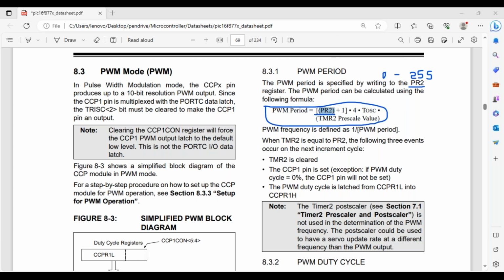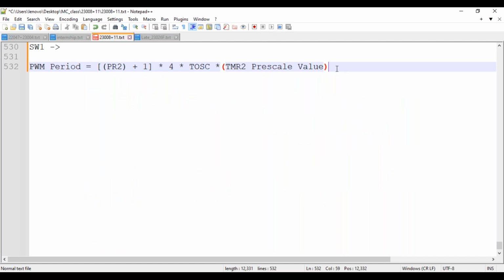Now, generally, when I have to get a modulated or any waveform generated, do we tell things in terms of frequency or in terms of period? When I have to get a waveform generated, do I say I want a waveform of 1 hertz frequency, or do I say I need a waveform of 1 second period? Which one is very commonly used?